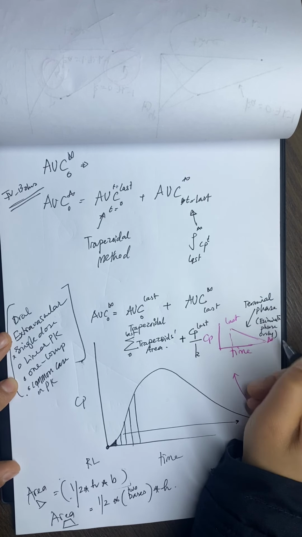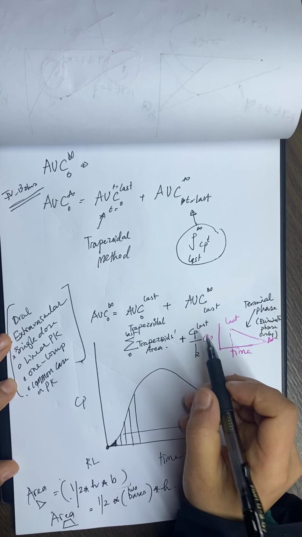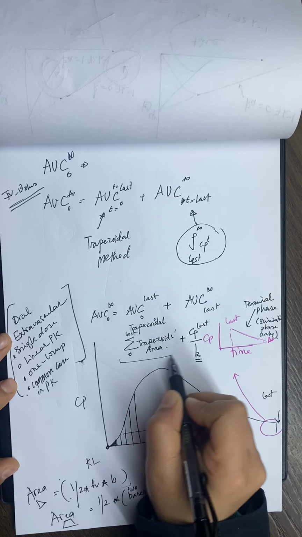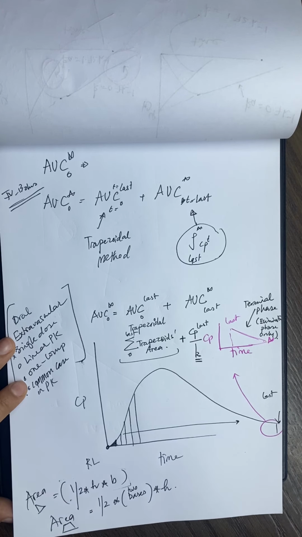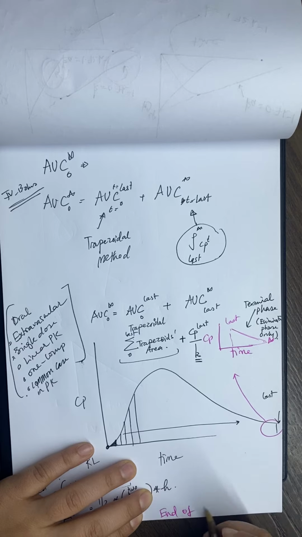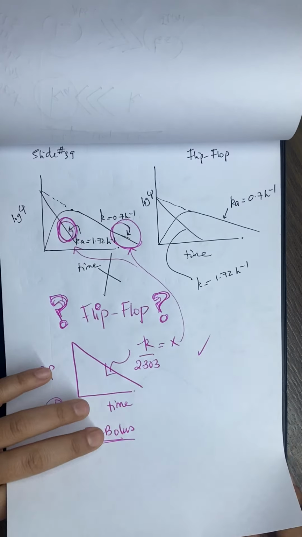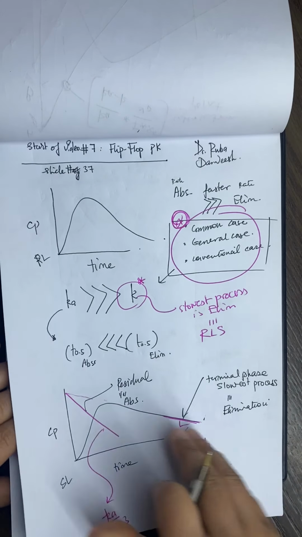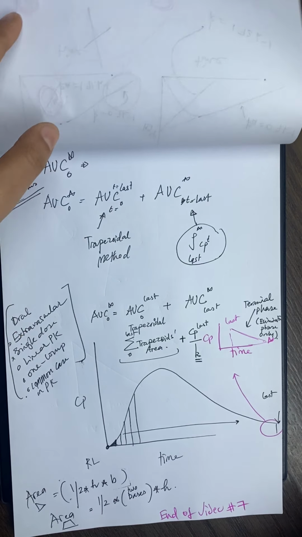If you do the integration similar to what we have here, it will be CB last over K, where K is the elimination rate constant, plus the sum of all the trapezoids, to determine the area under the curve. And this will be the end of this, which was number 7. Okay, thank you.